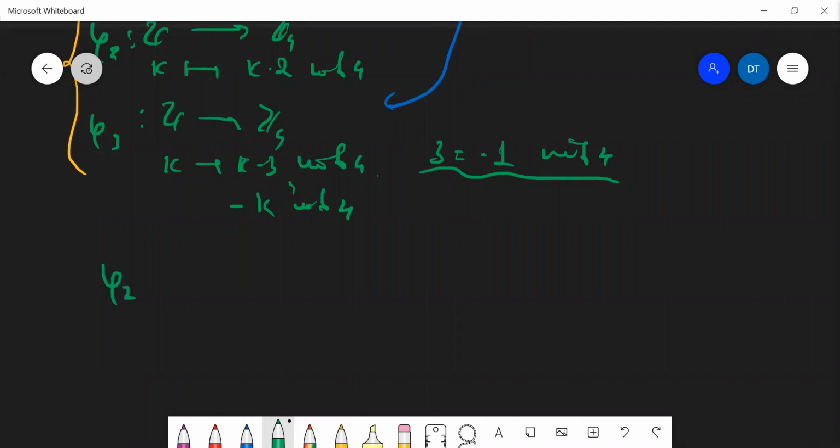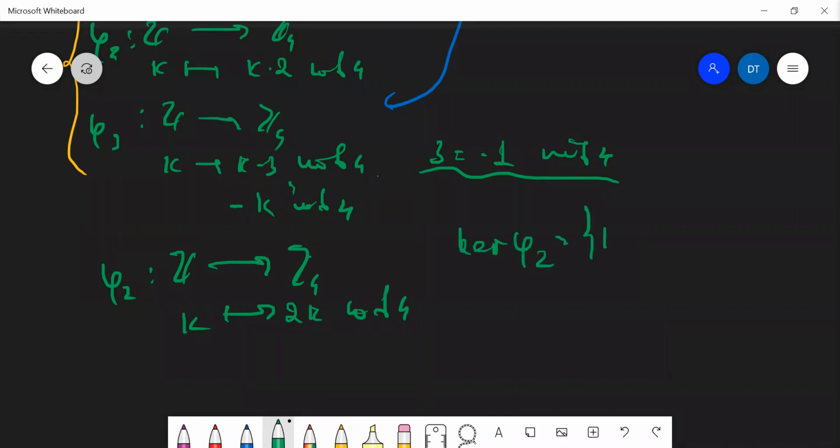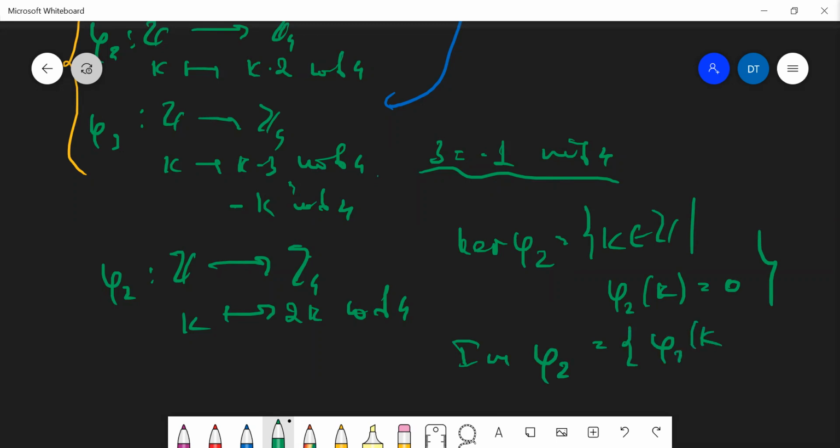So we have phi2 from Z to Z4, which takes k to 2k modular 4. What is the kernel of this homomorphism? This is the set of all k from Z such that phi2 of k is equal to 0. And the image of phi2 is the set of all elements of the form phi2 of k, where k goes through all elements of Z.